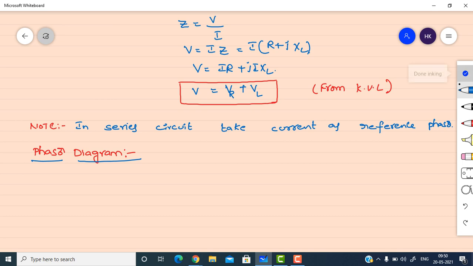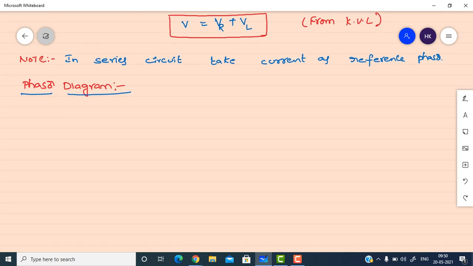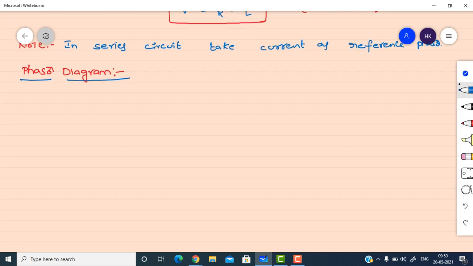So to draw the phasor diagram, we are taking current phasor as reference phasor. So draw the current phasor first.